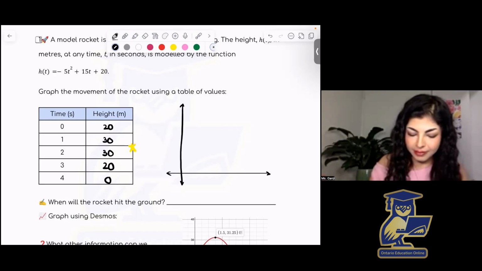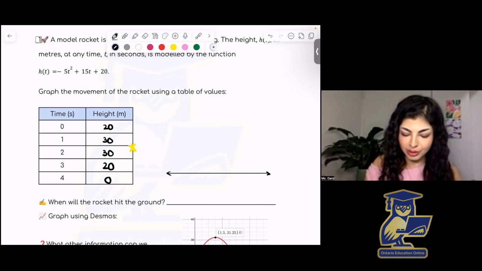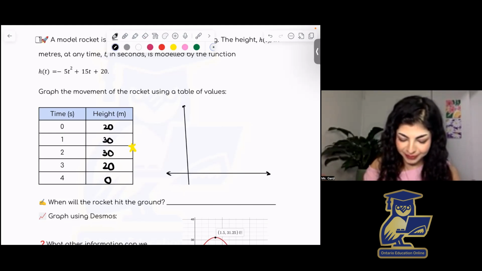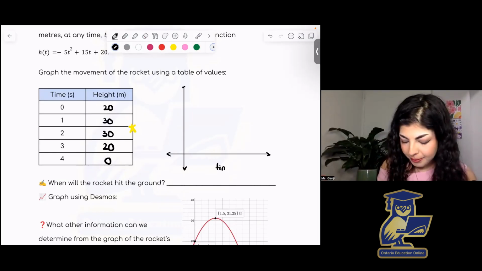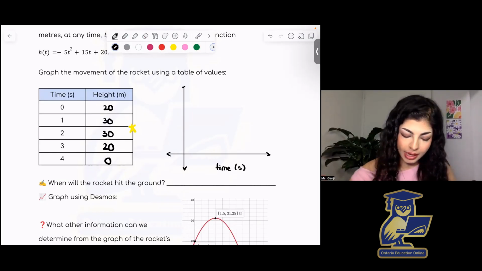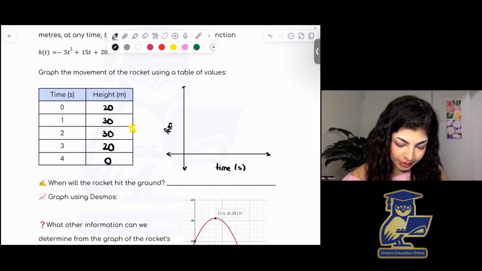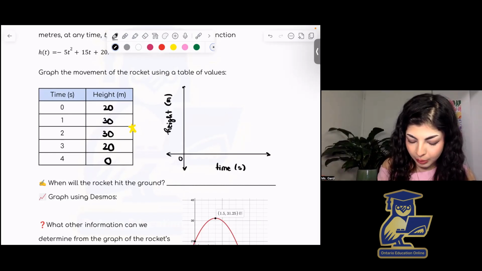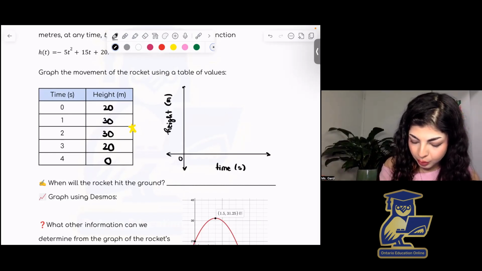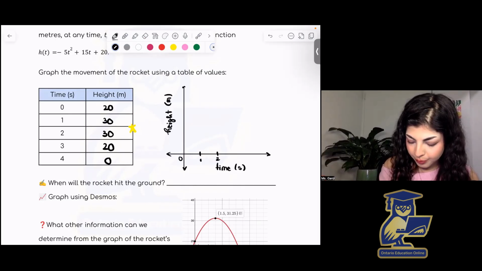or let me draw this again. Try to use straight lines. Here I'm going to have time in seconds, and over here I have height in meters. And so for my time, I only want to go up to 4. So 1, 2, 3, 4.